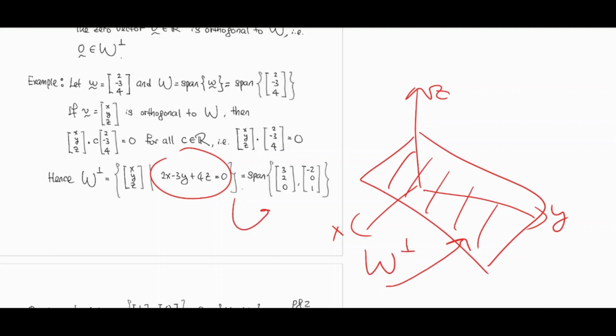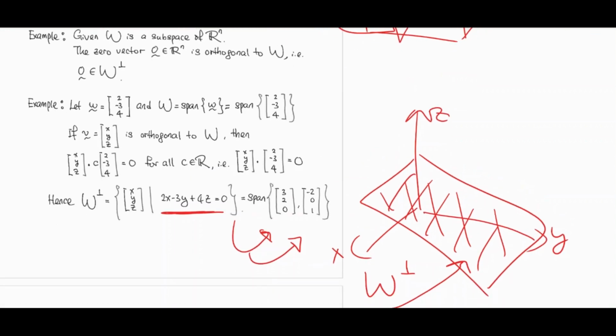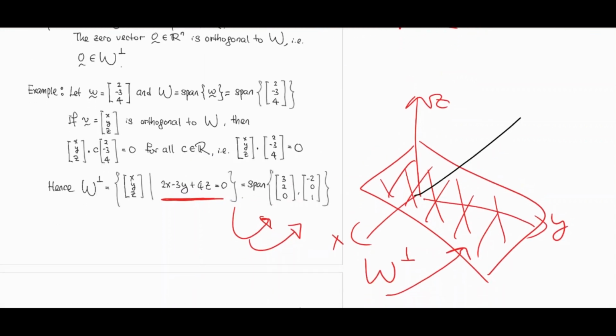And as an exercise, you can also work this out, and you will see that another way of writing W perp, instead of writing these plane equations, is to write out the two vectors that span the entire plane. So that's W perp, where your W is a line that passes through the origin, the span of the vector (2, -3, 4).